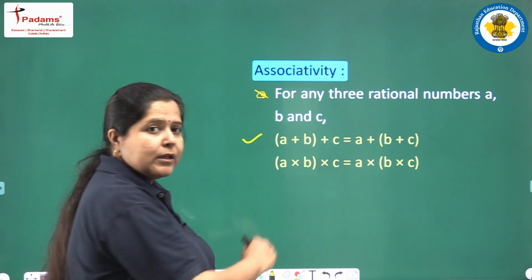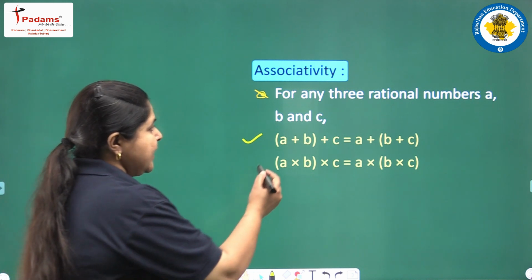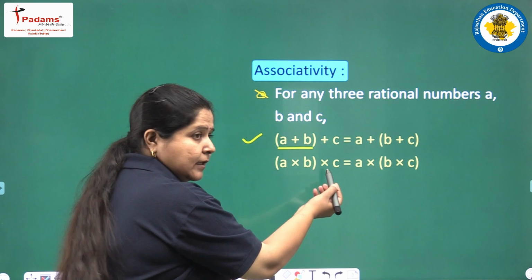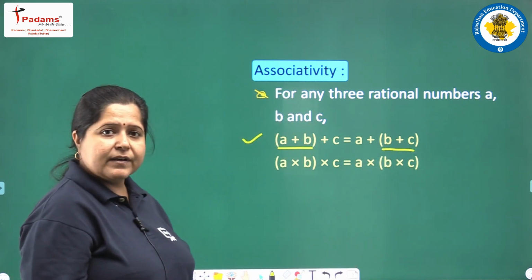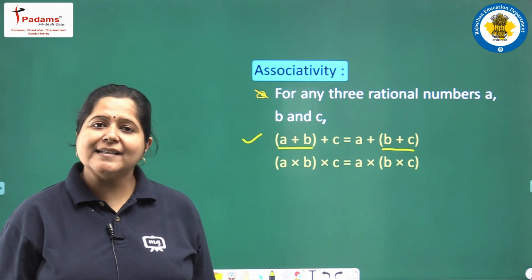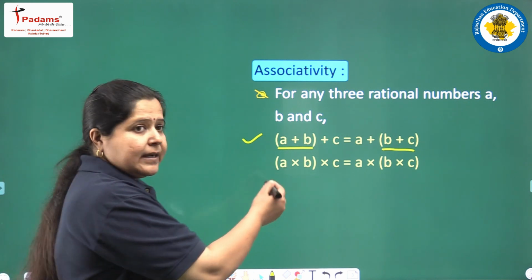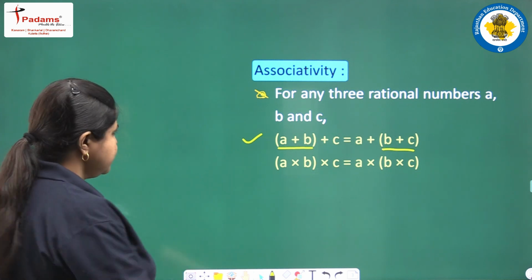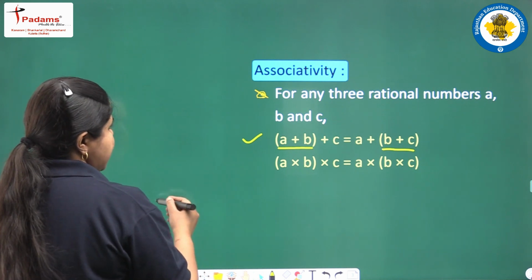Here we are adding all the three rational numbers, and the main point here is, if we add the first two rational numbers first and then the third one, or if we add the last two rational numbers first and then the first one, in both the cases we will get the same answer. In short, we can say that we can pair up the numbers in any manner and the answer will be the same. Let us take an example of whole numbers. It will be easy to understand.